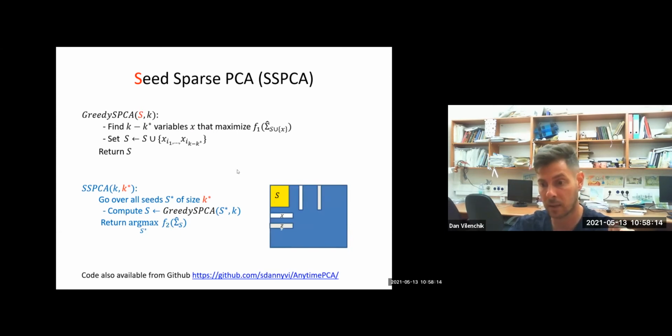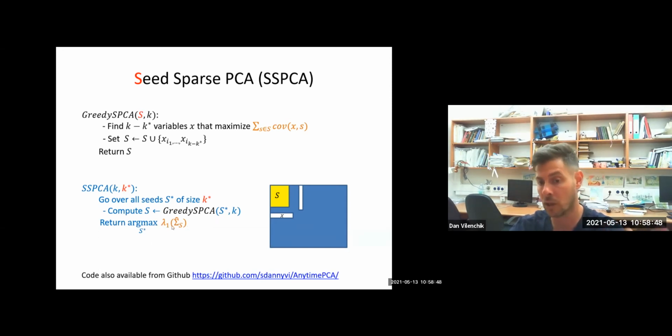Okay, so here is, for illustration, one iteration of exhaustive search. You have a seed S, so that should be S star, and then you inspect various features that you want to add to S, and then you discover that X is better in this cost function F1, and then you just add X instead of C. For the sake of the analysis, we chose here the variance, which is what you want to choose.